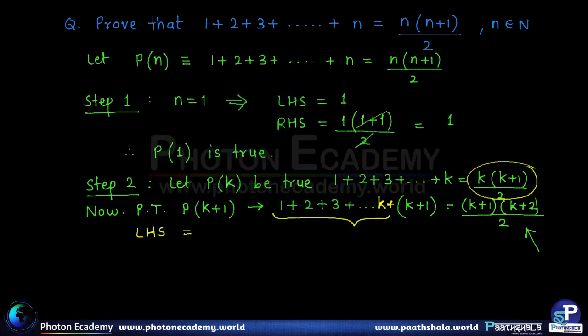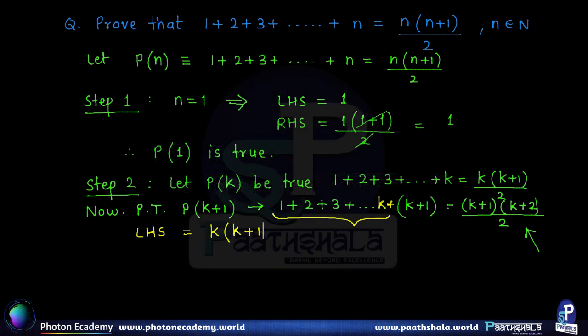Because that is what we had assumed, the truth of P of k. So whenever we replace the sum of first k natural numbers by k into k plus 1 whole upon 2, now only one term remains to be added, which is the last term, k plus 1. So therefore we add k plus 1 to it.